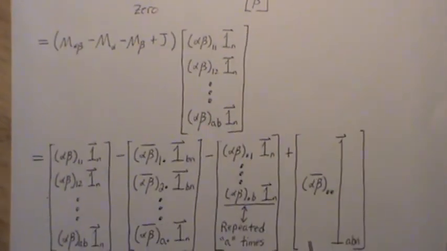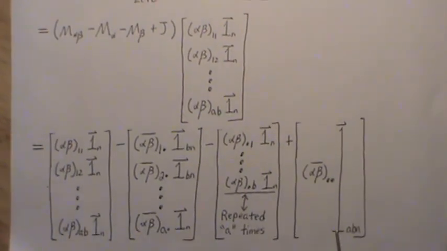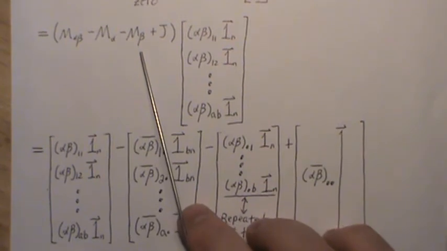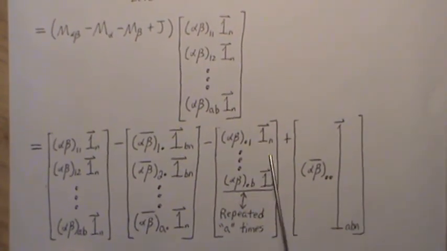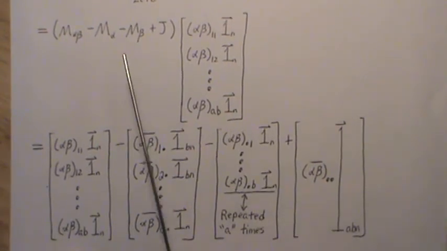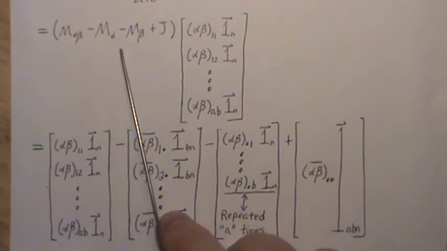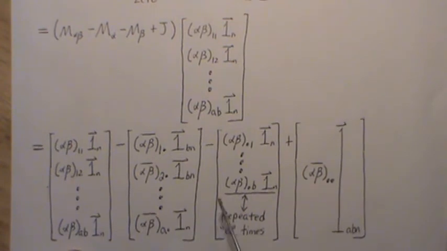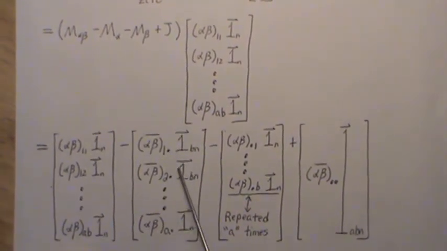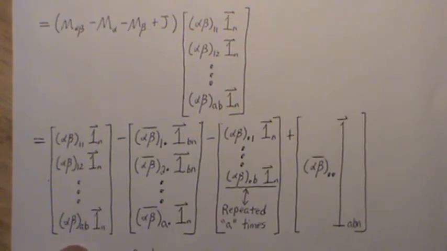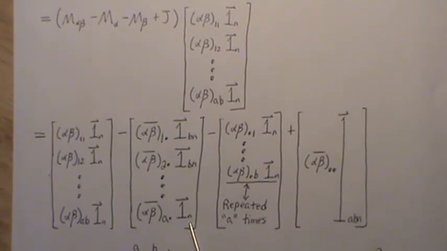The J creates a constant vector, and then this creates a mean vector, but in the structure of x beta, and so this is repeated a times. This creates a vector that projects it onto x alpha, so that's why it creates these little constant vectors of length bn. Oh, that should be bn.